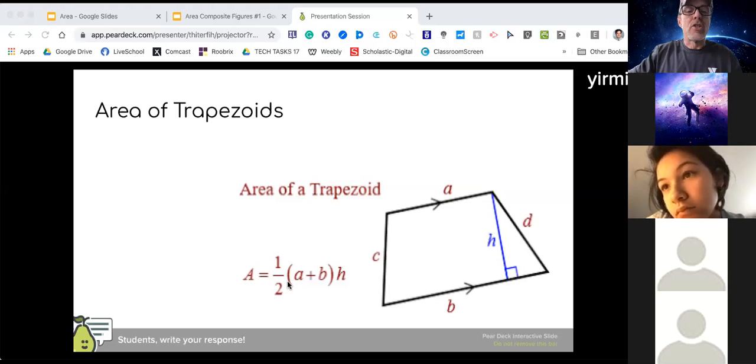Okay, all right. So again, you take the bases, half them, add them together, half, then times the height.